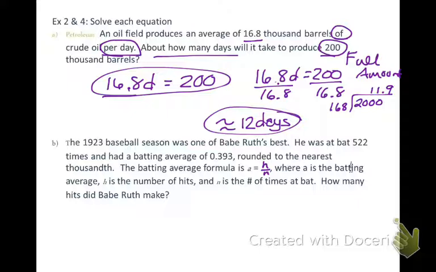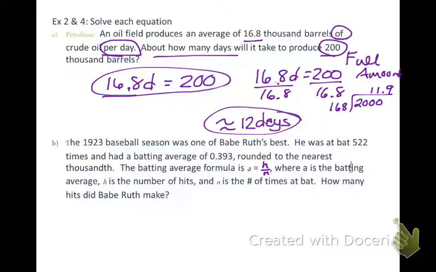The batting average formula is A equals hits out of the number of times at bat. A is for average. So he was, remember, at bat 522 times. We don't know how many times he hit the ball. So we're going to do the math.